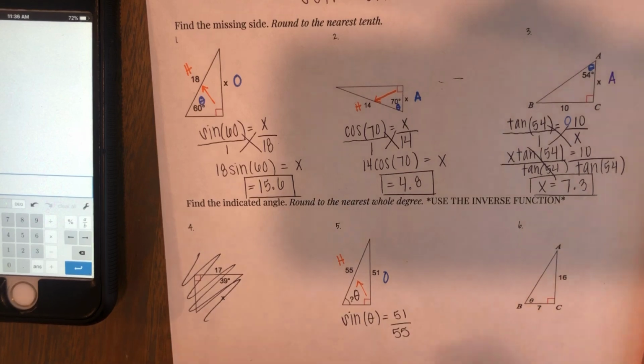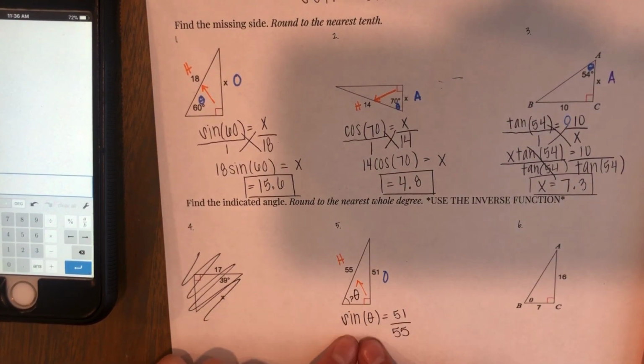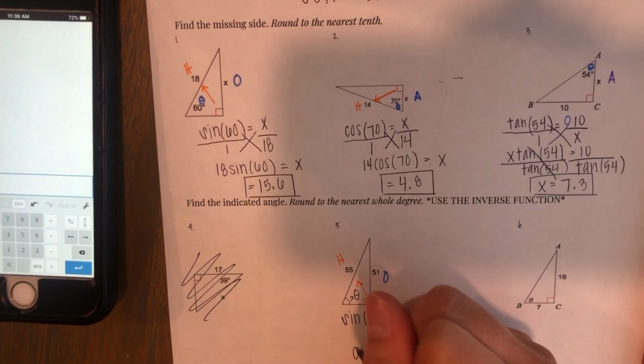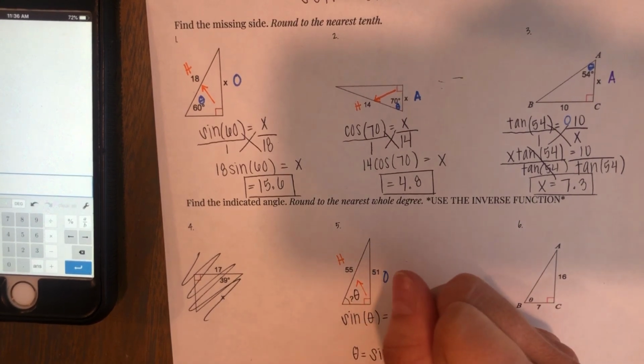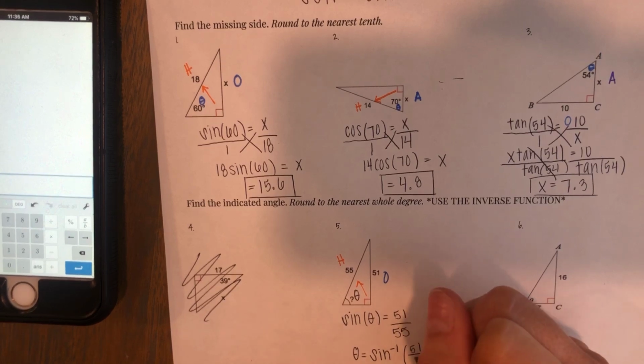So then remember, you're kind of getting the sine off of theta, so you have to do the opposite of sine, which is the sine inverse. So it would be theta equals sine inverse of 51 over 55.